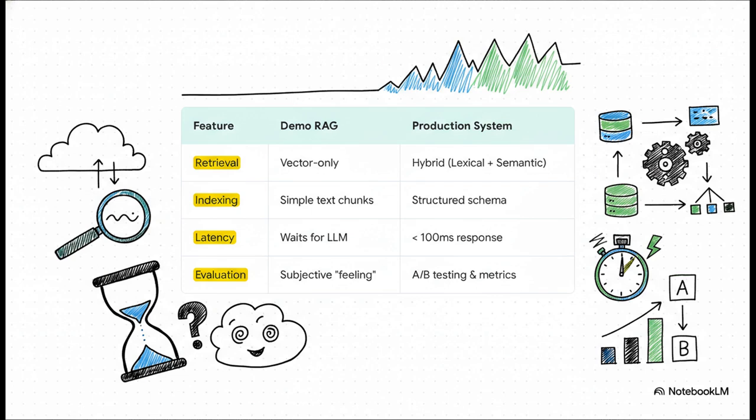A demo just kind of chops up text into chunks, while production demands a really thoughtful, structured schema. And latency, oh man, latency. A demo can take its sweet time waiting for an LLM, but a real system has to snap back with a response in under 100 milliseconds. We're moving from a subjective, yeah, that feels right, to hard, cold, data-driven A/B testing. It's a completely different universe.